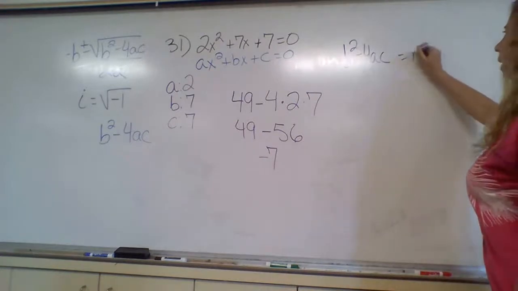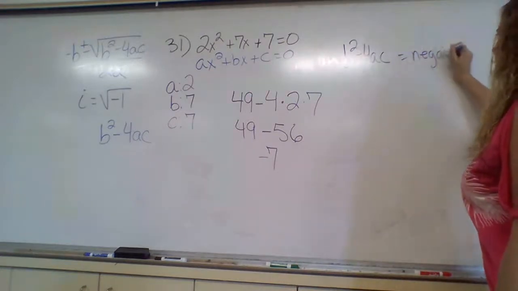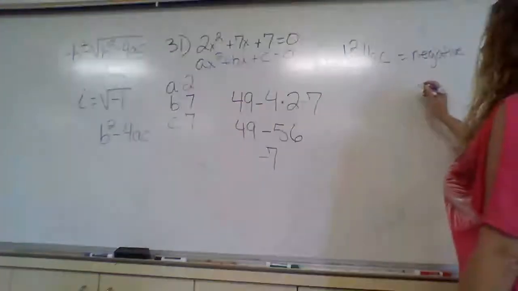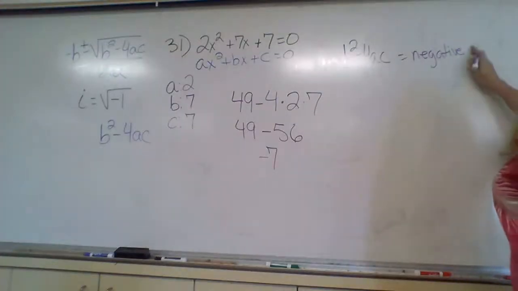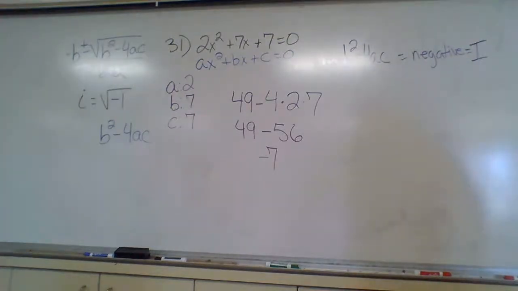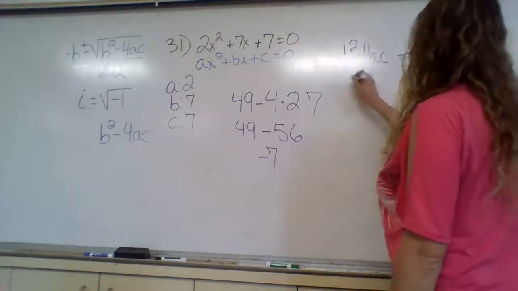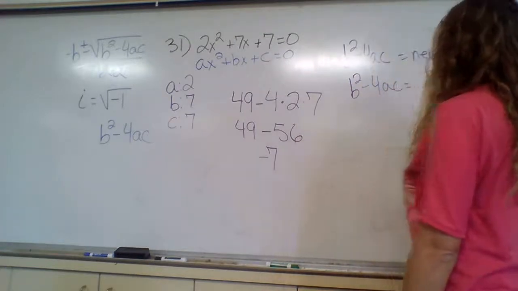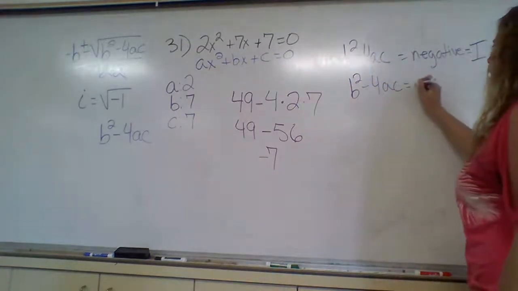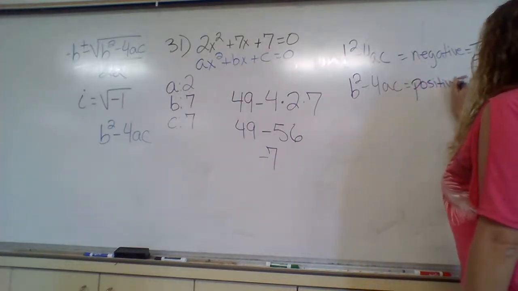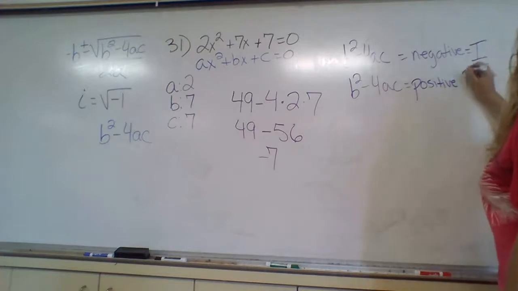If it is negative, then it's imaginary. Okay, if B squared minus 4AC is positive or 0, then it is real.